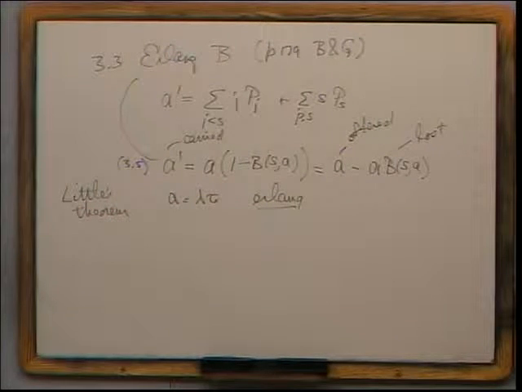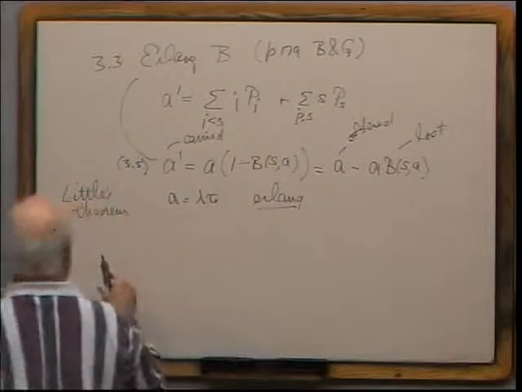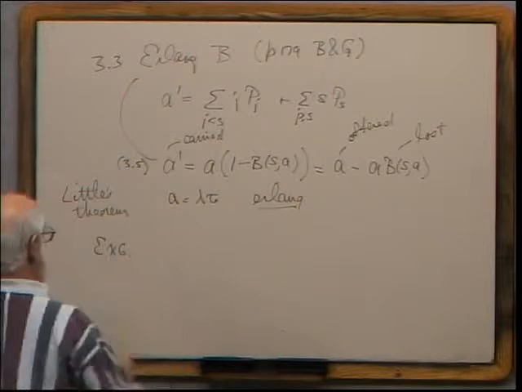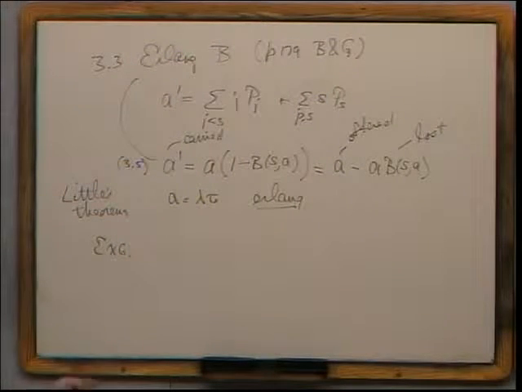Now, in the book, starting in the next section, let me look first at exercise number 6. I discussed this last time. Exercise number 6 says I want to calculate this Erlang B formula.